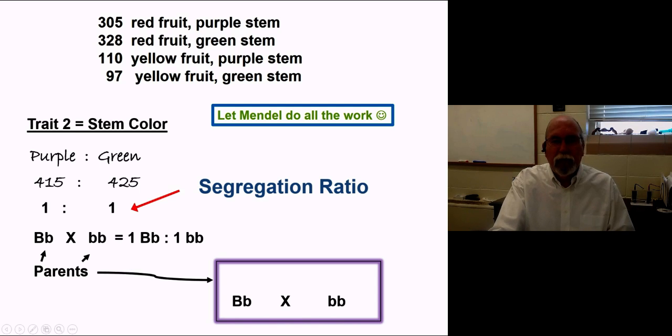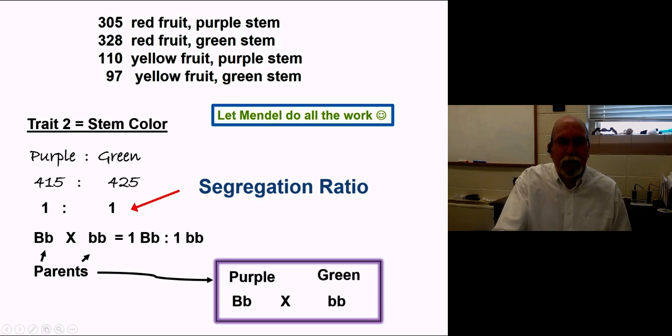Now, we don't know from this 1-to-1 cross exactly which one's the dominant or recessive, but remember, we went back to the original heading when it said, oh, by the way, purple is dominant over green, right? So that was the first sentence that we saw back there. So we know that purple is dominant over green. So these guys must be purple and these guys must be green. Okay? If we didn't know that, we could pick either one.